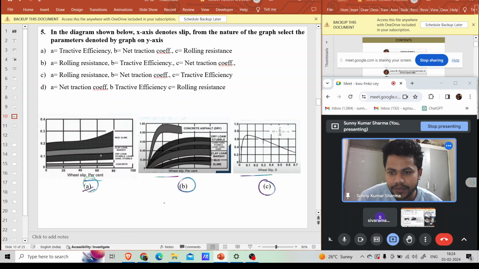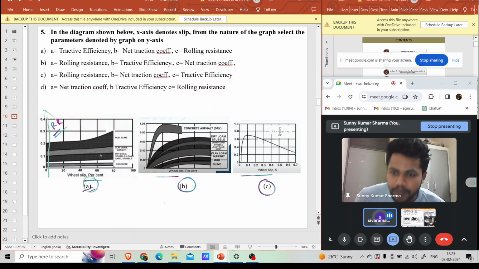In graph A, what do we have on the y-axis? Any guesses? Rolling resistance, sir. Yes, this is rolling resistance.